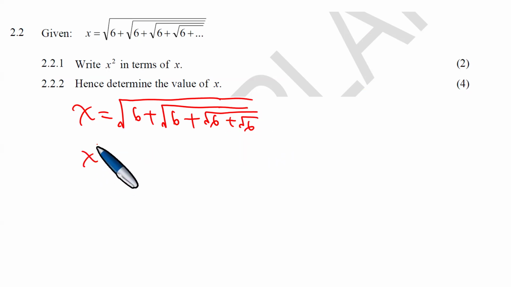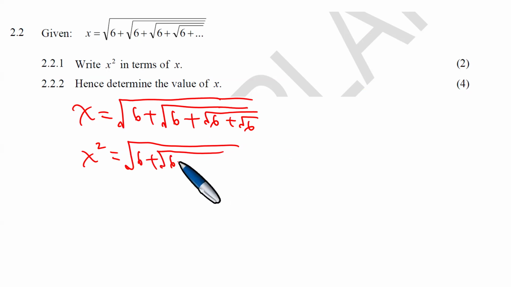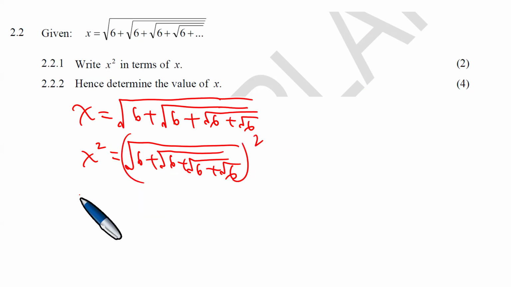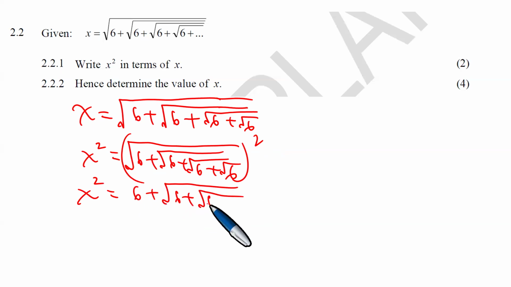So you square both sides. If you get x squared here, the square is going to remove the outermost square root, leaving us with 6 plus the square root of 6 plus the square root of 6. You can even add another 6 there.